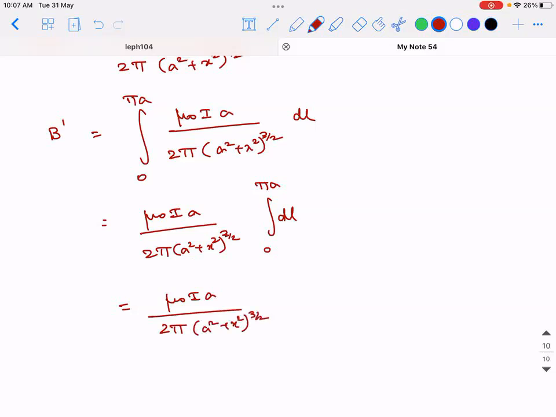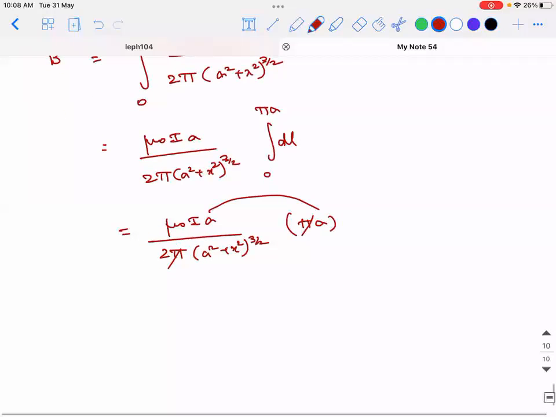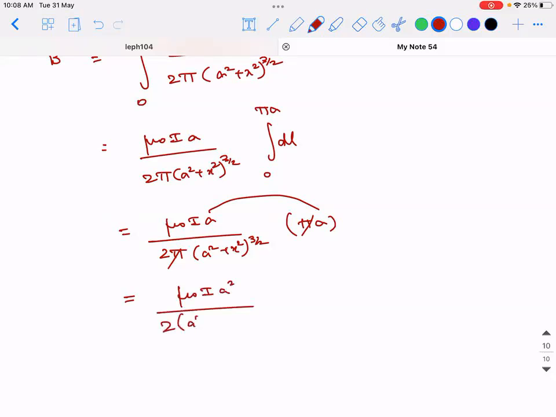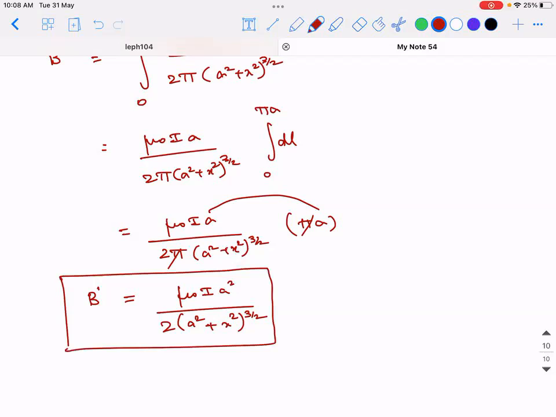Integral of DL is L. Between 0 to pi a will be pi a. So pi and pi will get cancelled. A and a will get multiplied. You will have the answer as mu naught I a square divided by 2 into a square plus x square, the whole power 3 by 2. So this is going to be the final expression.